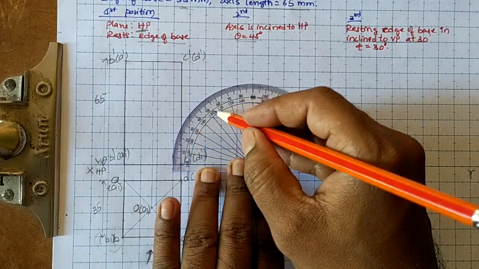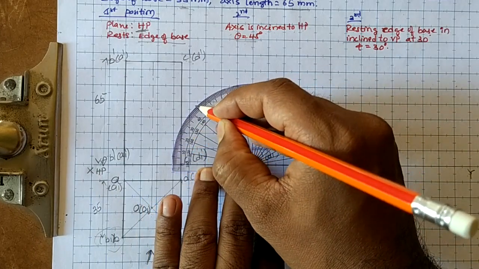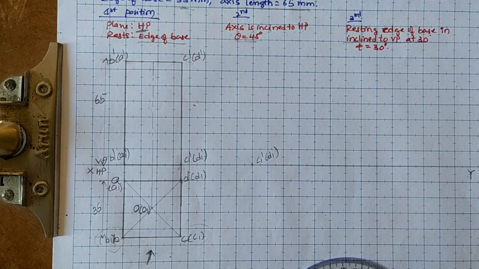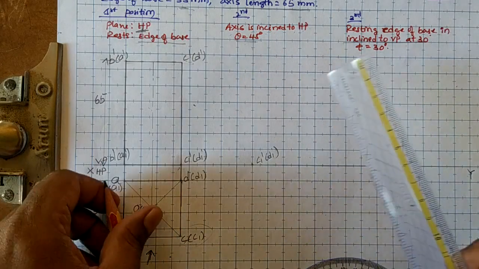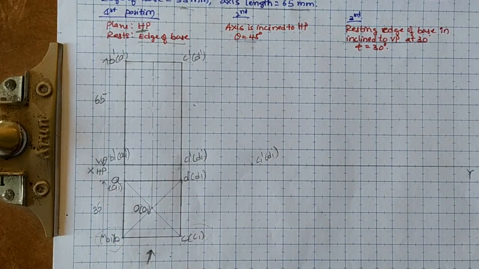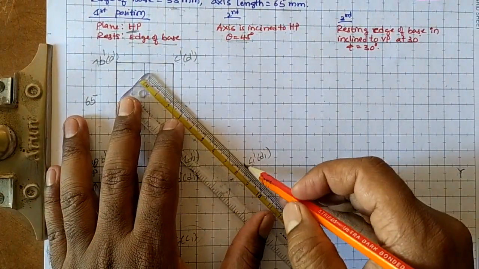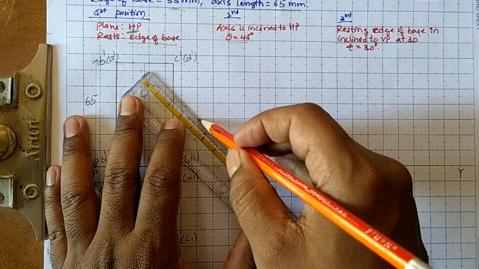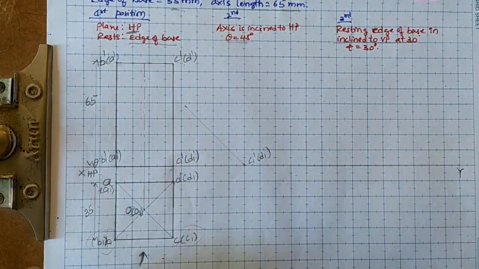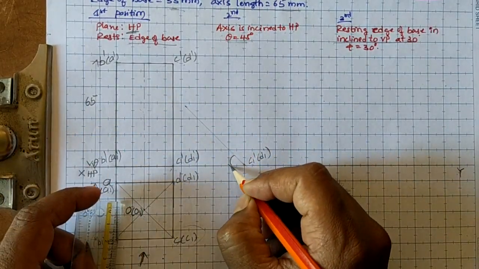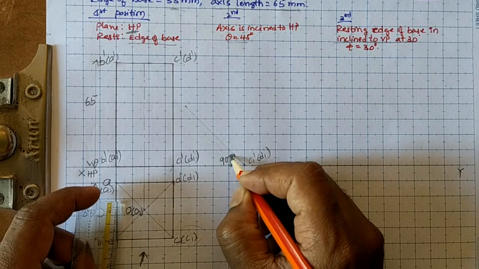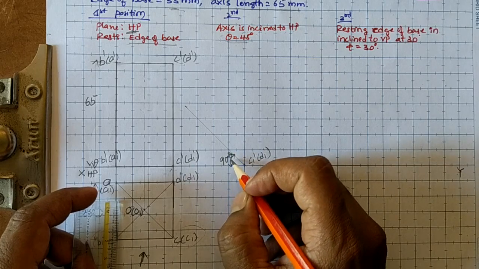This is 45 degrees. Draw the base. This angle is 90 minus theta. I will explain why 90 minus theta.